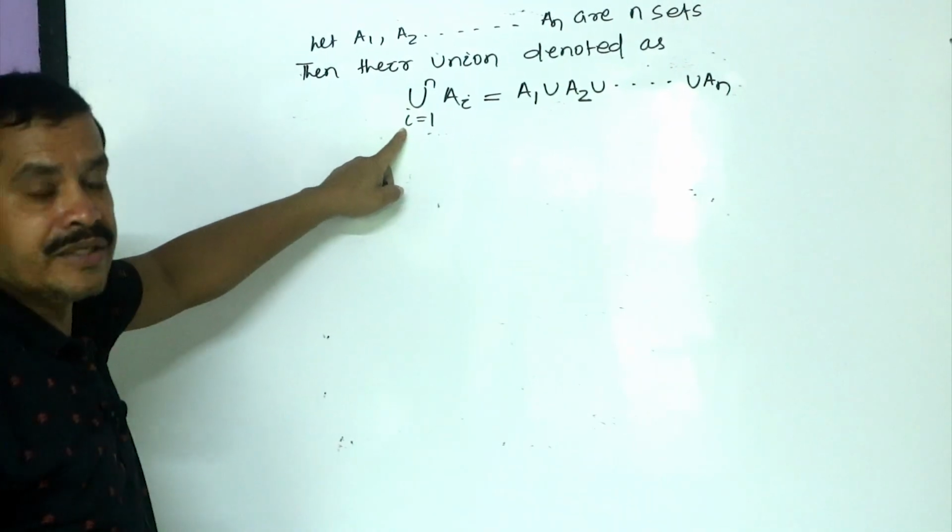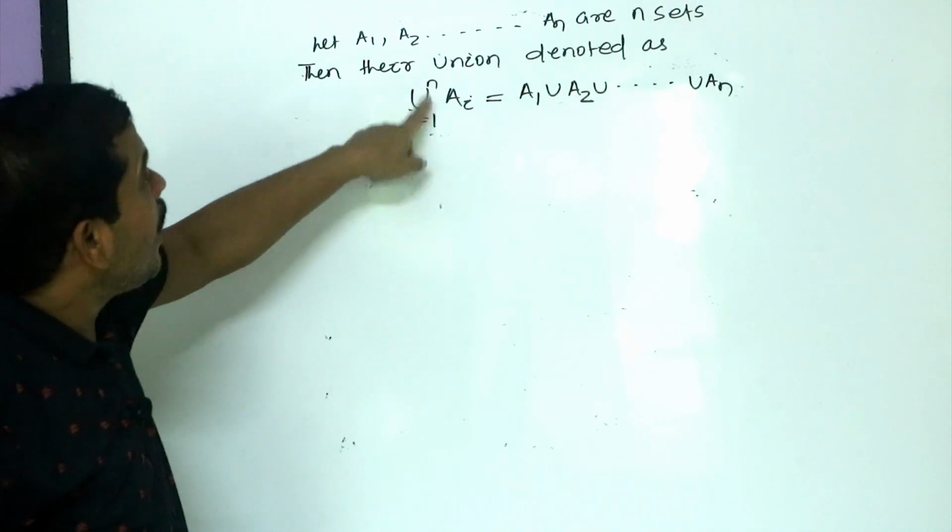We can represent the union of n sets by the symbol union i from 1 to n of Ai. We use the suffix i here, from 1 to n.